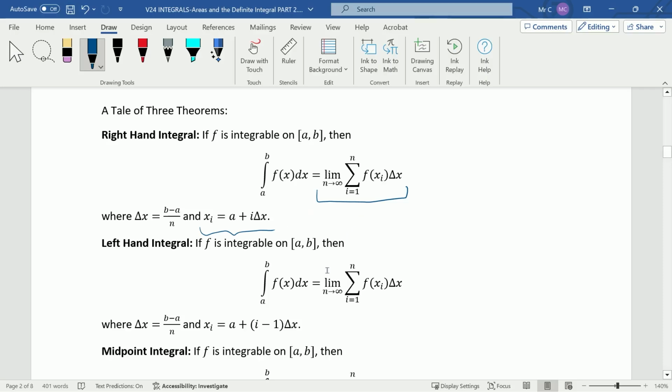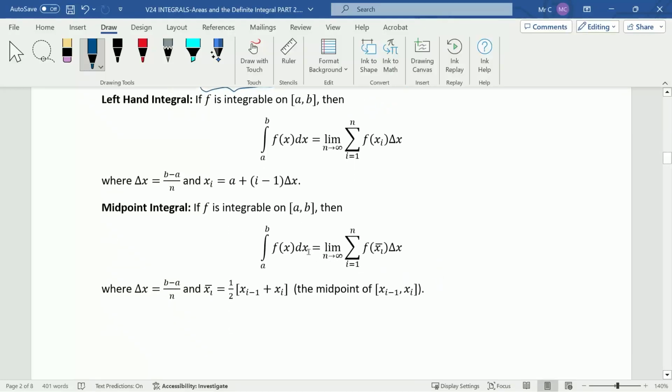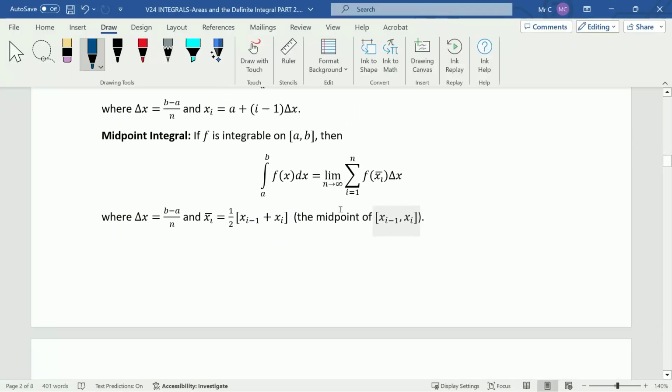Our left-hand integral is the same thing, except you've got i minus 1 instead of i in our formula for our sample points. And for the midpoint integral, you use the average of the two. Now, the problem here with the midpoint integral is that this average is a little tricky. If you're doing a finite sum, you can just compute it explicitly for each average.